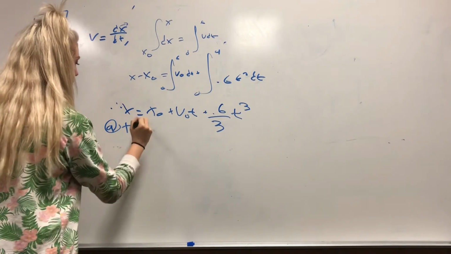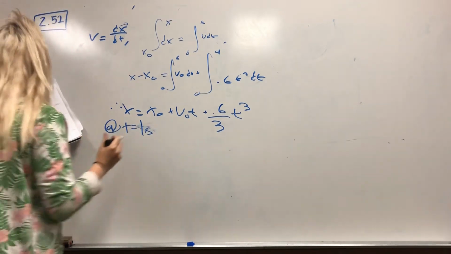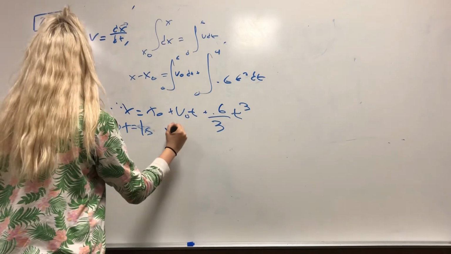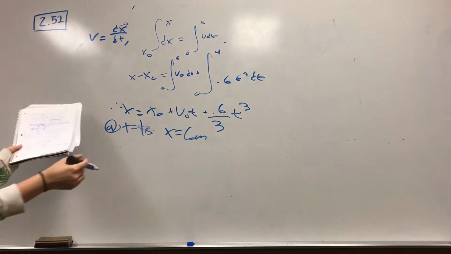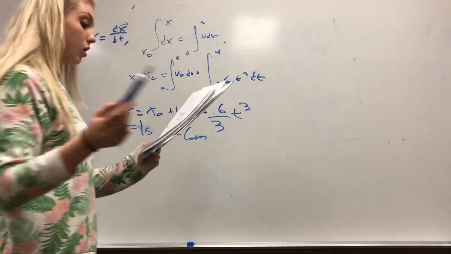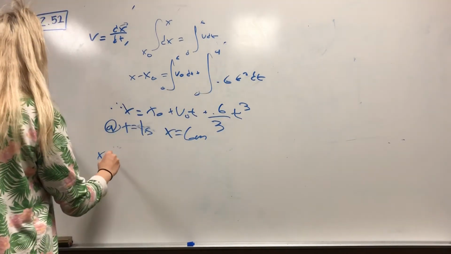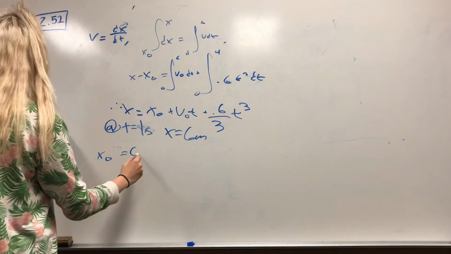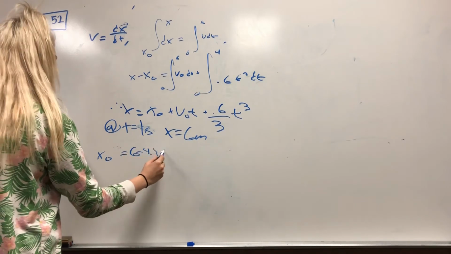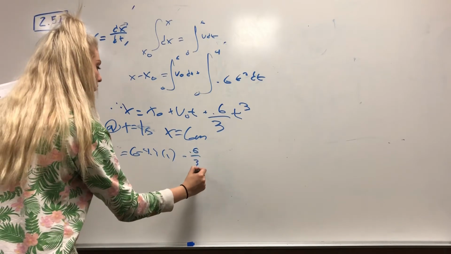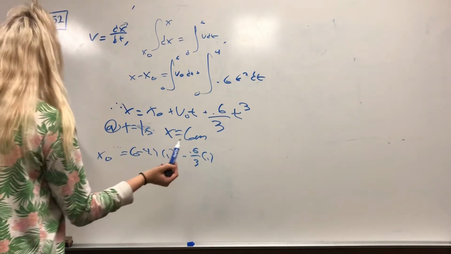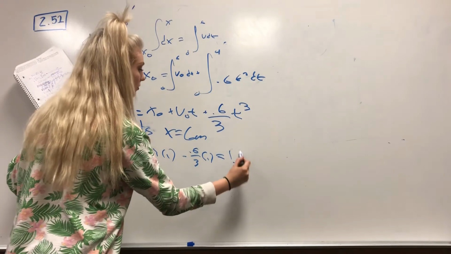We get that x is equal to 6 meters. And then we plug that into an x naught equation, and we have that x naught is equal to 6 minus 4.4 times 1 minus 0.6 over 3 times 1. And that gives us 1.4 meters.